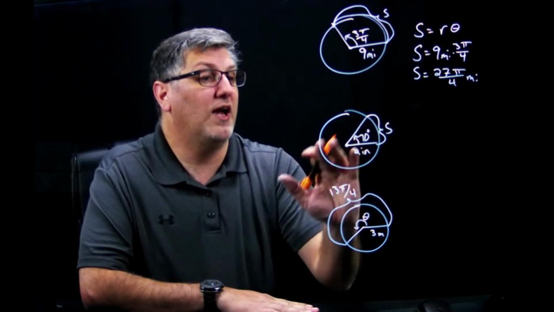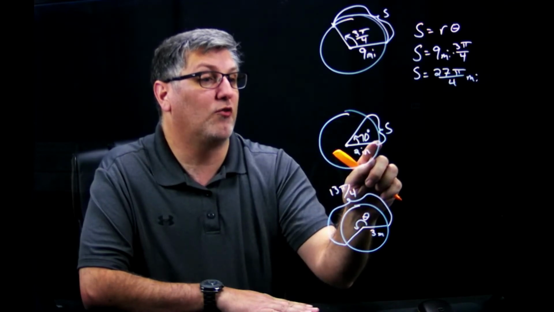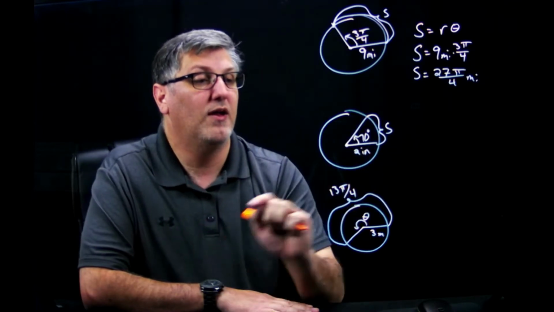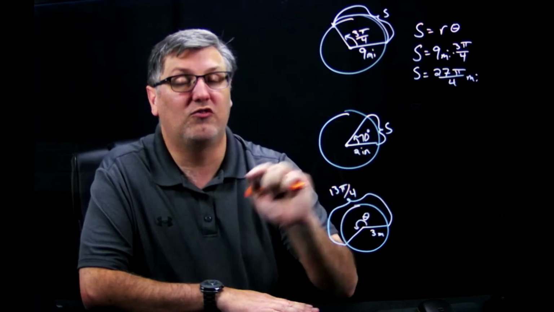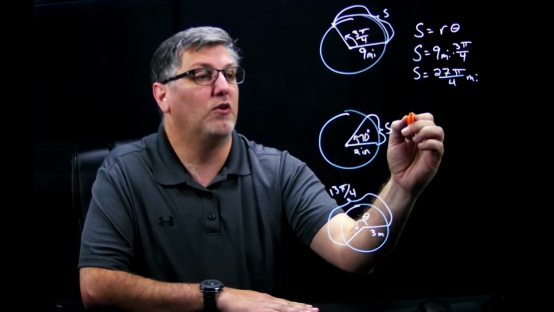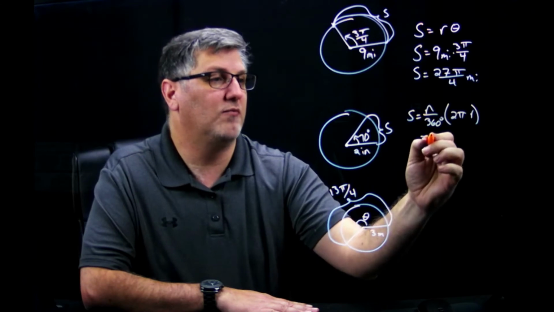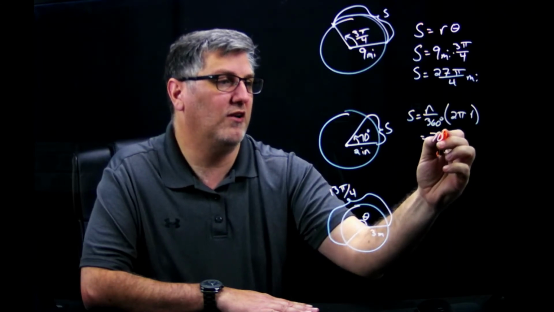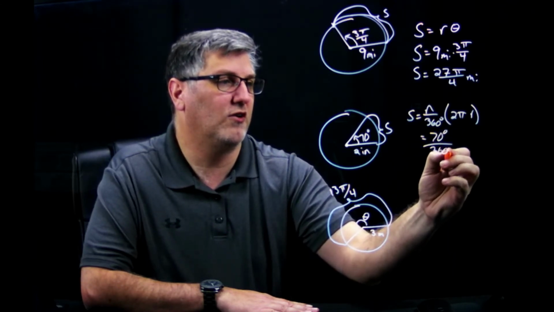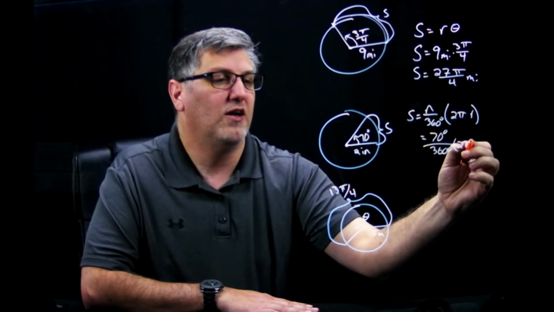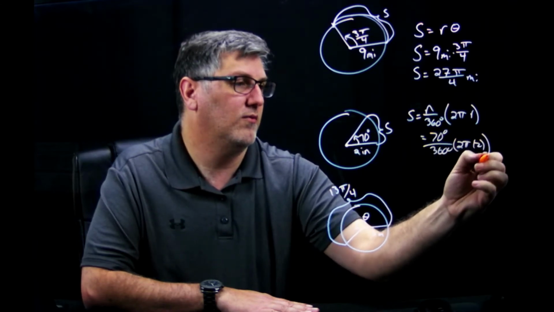All right, so here we have another one. I want to know the distance from here to here on the arc length. I have a radius of 2 inches and a rotation of 70 degrees. Well, I'm going to use the formula S equals n divided by 360 degrees over 2 pi r. I'm just simply going to plug everything in. 70 degrees over 360 degrees times 2 pi times 2.